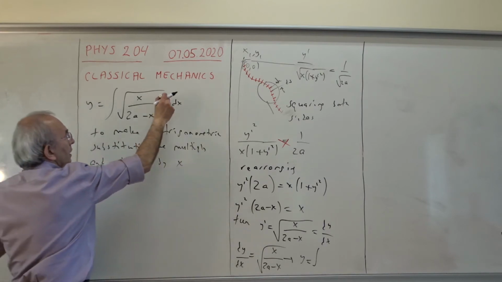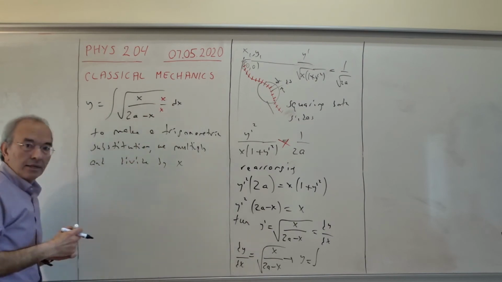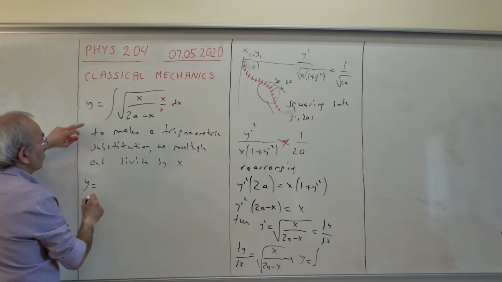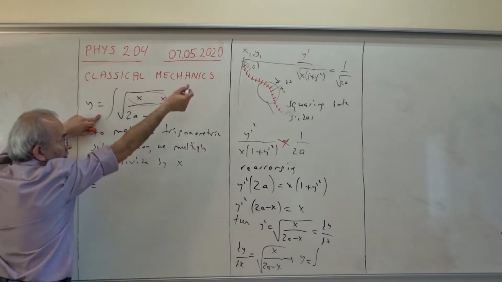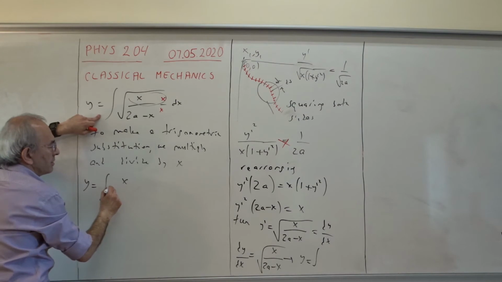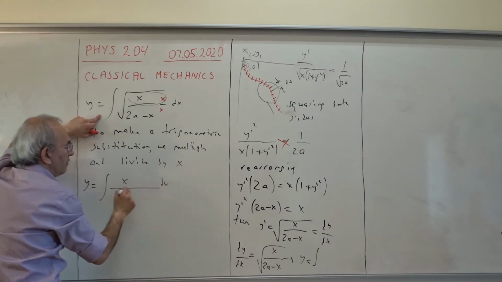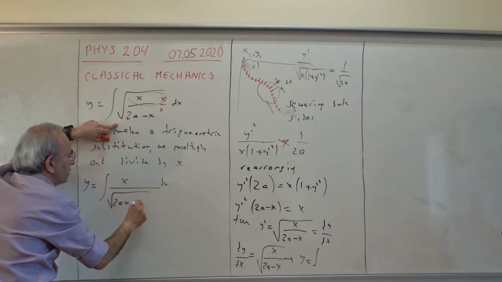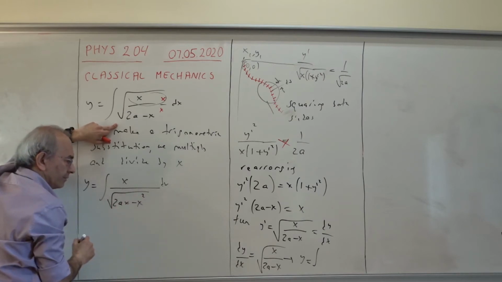So if you multiply by x in the inside, then what do we have? Y turns out to be, this becomes x squared and we can take it out. So we have an x simply. X dx divided by root 2ax minus x squared.